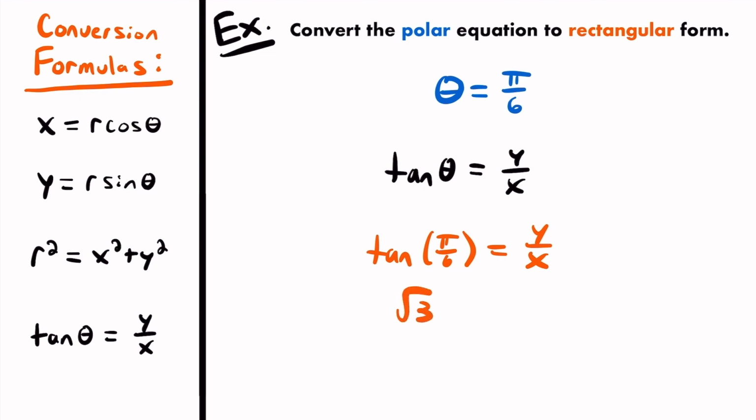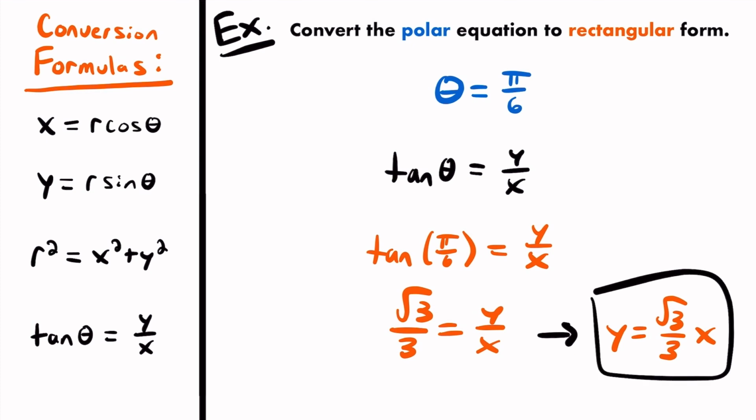So we'll have the square root of 3 divided by 3 is equal to y divided by x. Then, just to make our rectangular equation a little bit nicer to look at, I'm going to solve for y by multiplying both sides by x. If we do that, we will have that y is equal to the square root of 3 divided by 3 times x. That is the rectangular form of this polar equation.